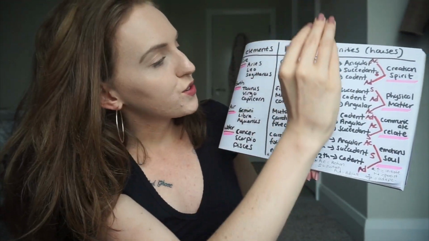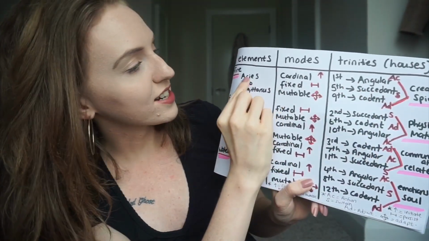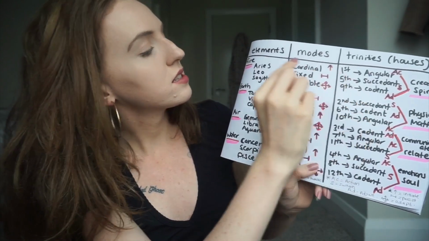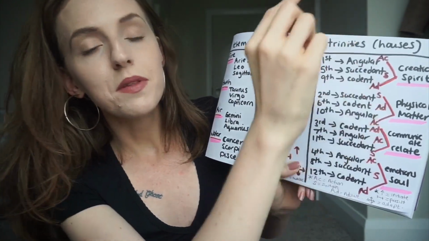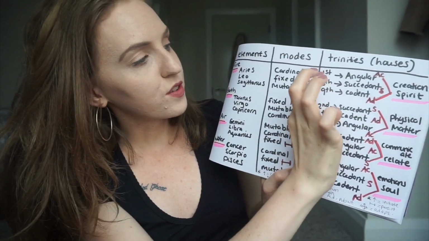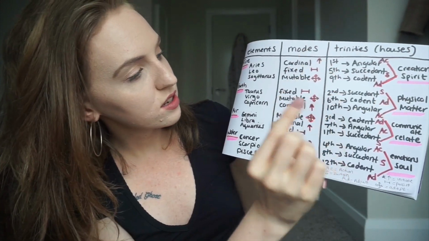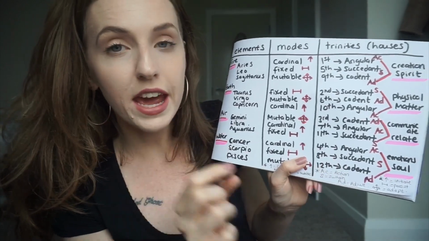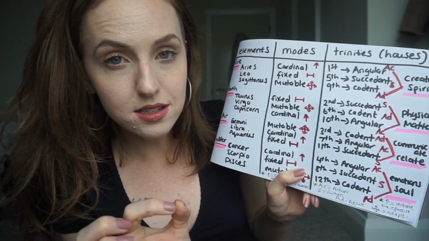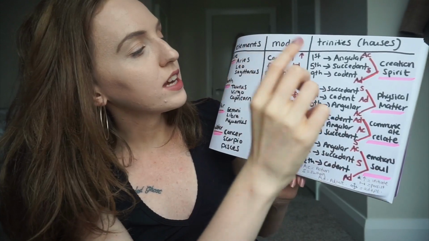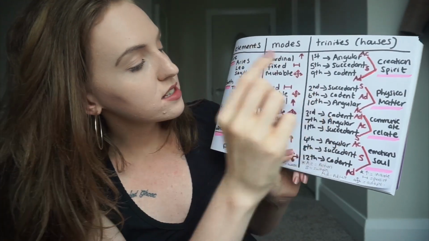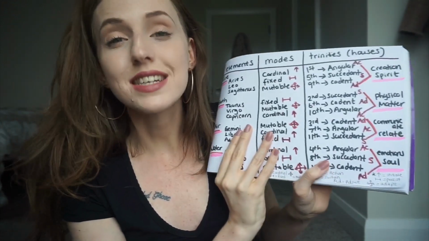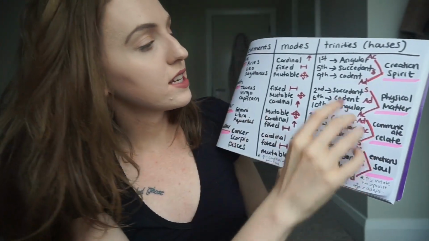And then we move on to the houses. So we have Aries, that rules first house, Leo rules the 5th house, Sagittarius rules the 9th house. But then even the houses, the 1st, the 10th, the 7th, and the 4th houses, they are all angular houses, okay? Then the 5th, the 2nd, the 11th, and the 8th, they are all succedent houses, so you write that in.